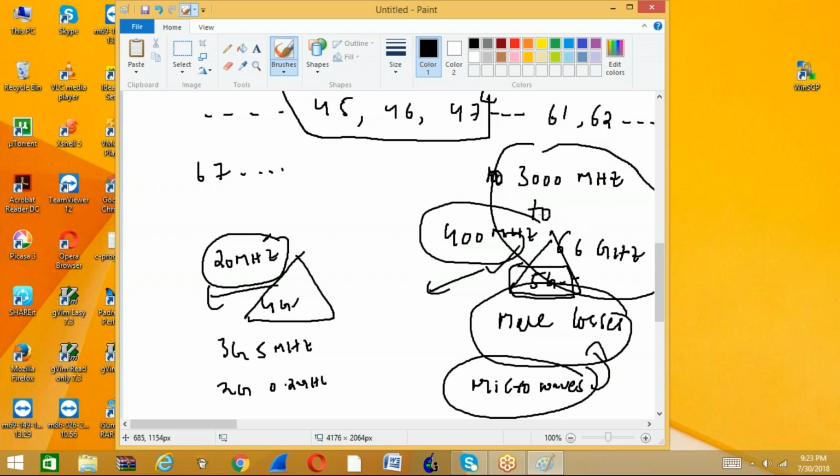The problem is that we have more losses, so we cannot cover a long range. The 5G base station coverage is very, very small.